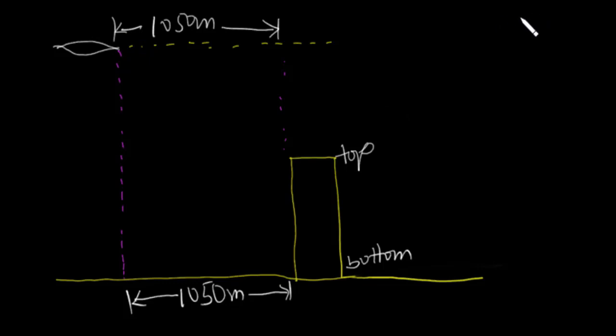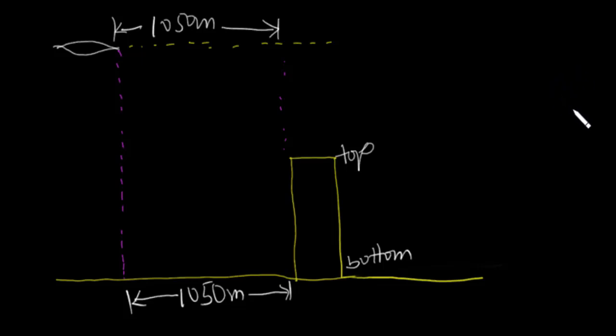Now, when we talk about the angle of depression, the angle of depression from an object is the angle between the horizontal eye level and that object.